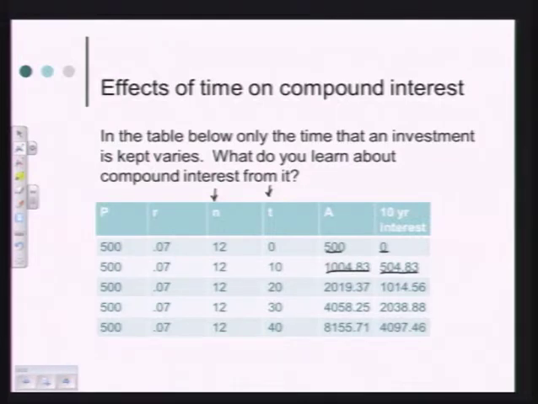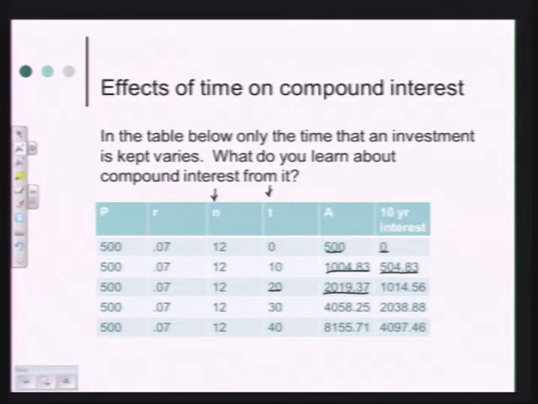He doubled his money. Now, if you go from 10 to 20 years, you put that in the finite interest formula, you'll find that after 20 years, his $500 will have grown to $2,019.37.